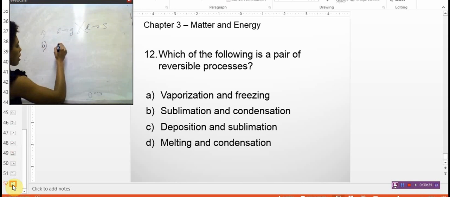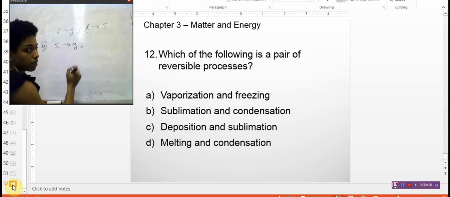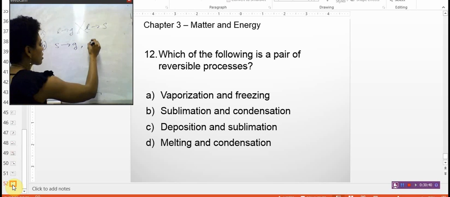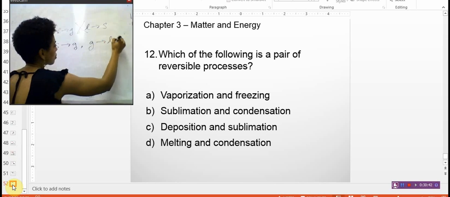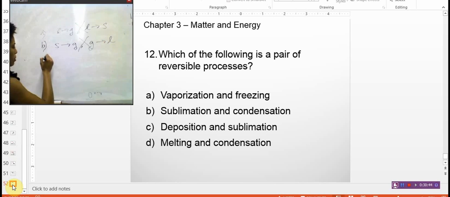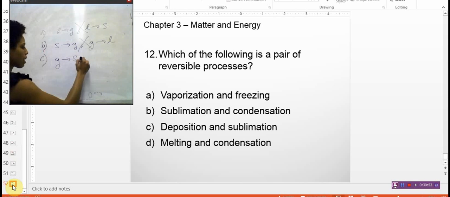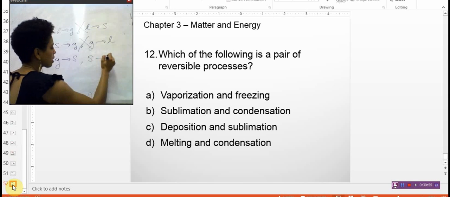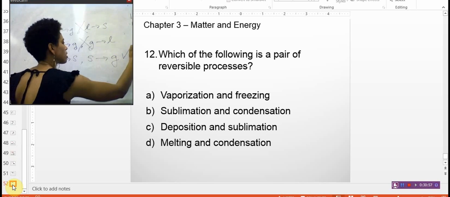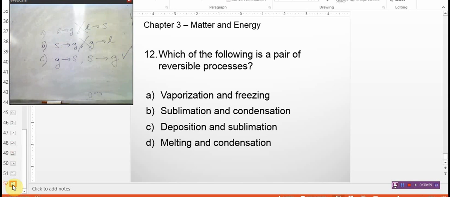B says I'm going to sublimate, so that's solid to gas, and condensation, that's gas to liquid, so those aren't reversible. C says deposition, which is like depositing gas to a solid, and sublimation is solid to a gas. So these guys are reversible.